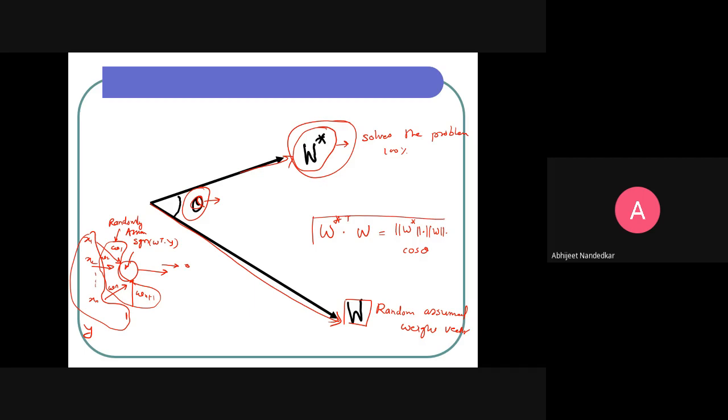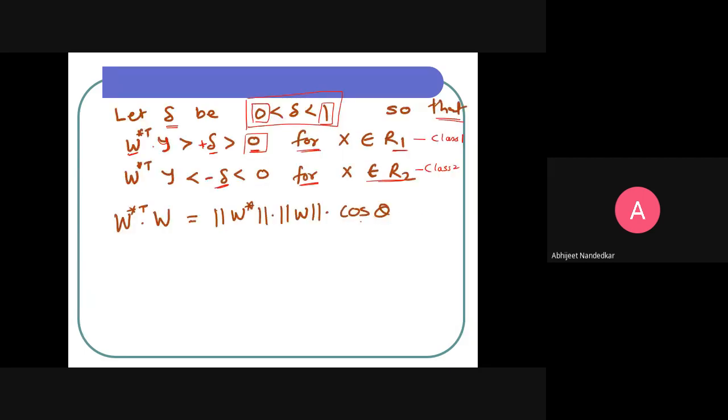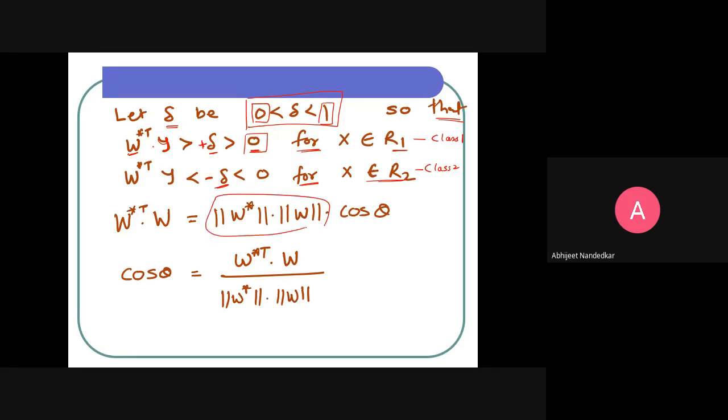Okay, so this is nothing but the definition of dot product. Now, if I bring these two terms to this side, it will be cos theta equal to W star transpose W divided by norm of W star into norm of W.